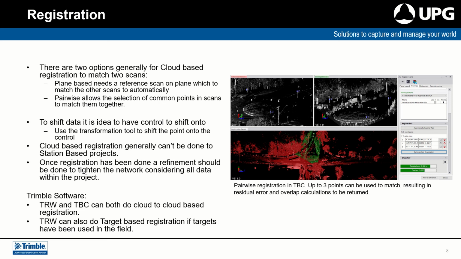To shift the data, it's an idea to have the control to shift into. So you would need to import, say, a CSV file or DXF with your control points, and to shift the data using the georeferencing tools, you would select points in your point cloud to then shift onto your control network.